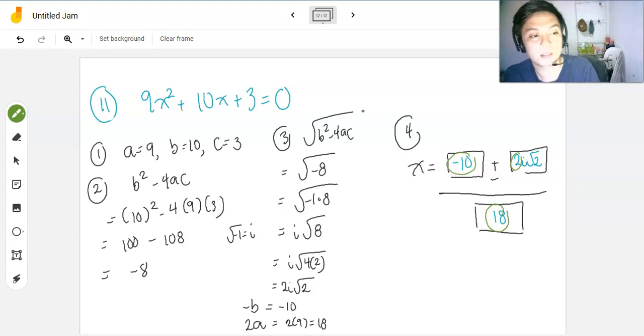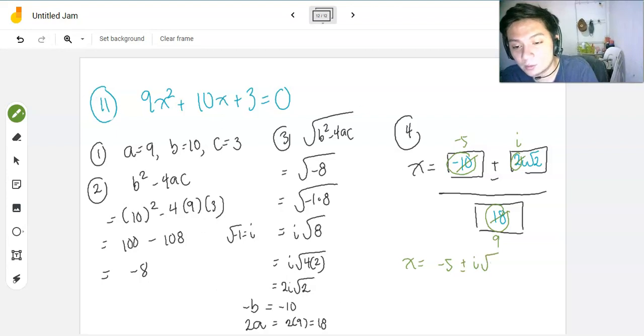So, this becomes negative 5. Yung 2i, syempre, magiging 1i na lang yan, or simply i. Tapos ito, magiging 9. So, magiging siyang negative 5 plus or minus i square root of 2 all over 9.